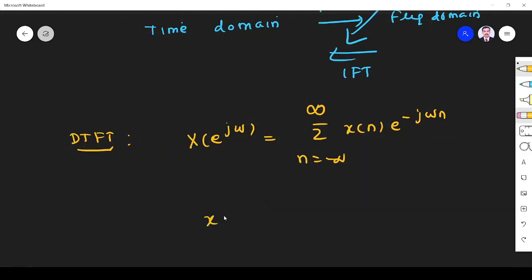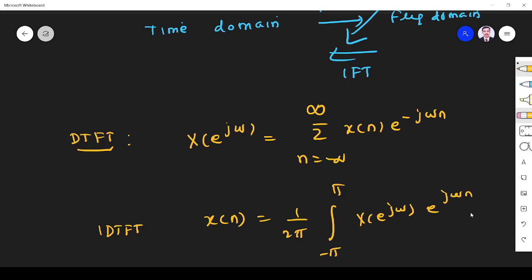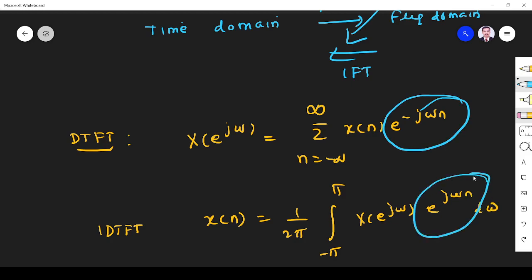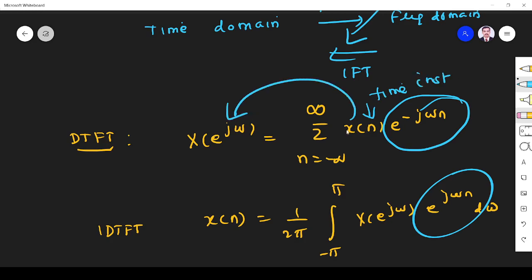The inverse DTFT, IDTFT, is given by 1 by 2 pi times the integral from minus pi to plus pi of X of e power j omega times e power j omega n d omega. Again you see complex exponential. Here n is the time instant. So discrete time Fourier transform converts a discrete time signal into a frequency domain signal.